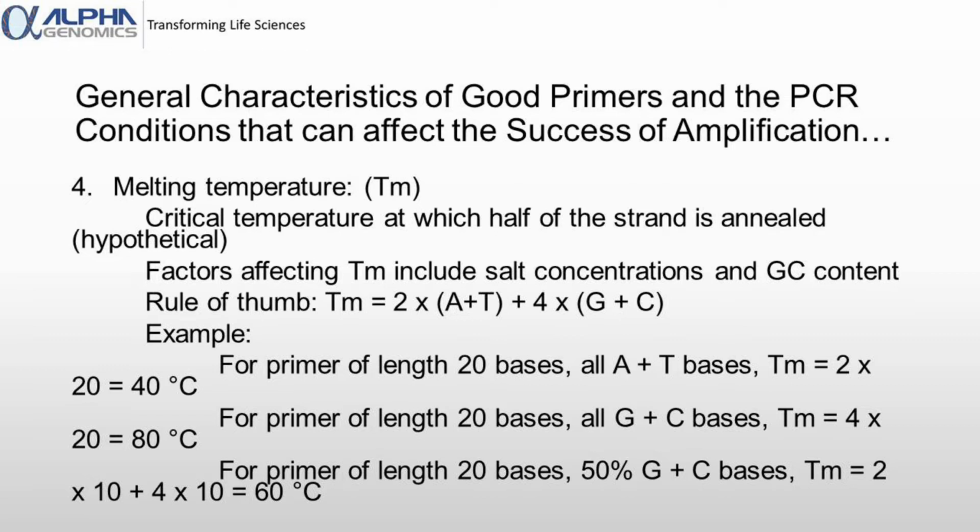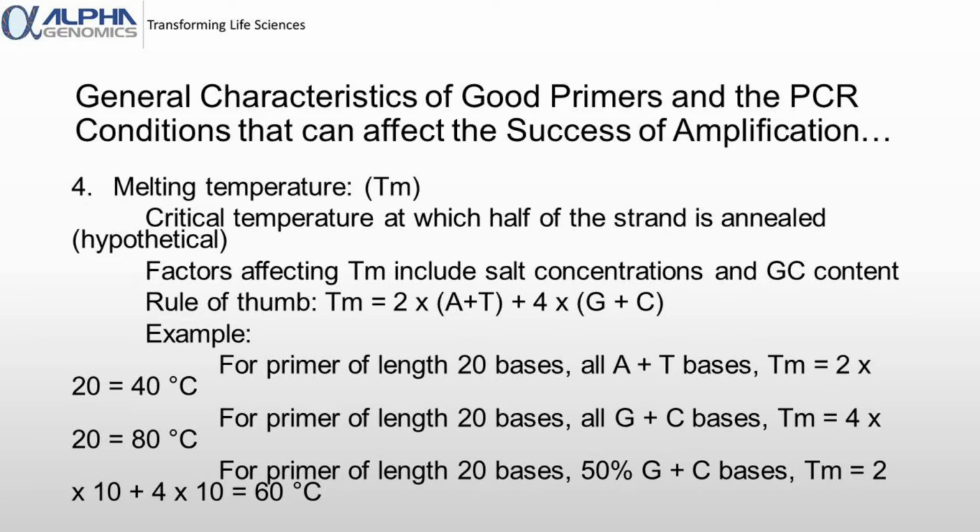And what if, in a hypothetical situation, all 20 bases are G plus C? In that case, we multiply 20 by 4, so that comes to 80 degrees centigrade, which is a super high melting temperature for a primer.